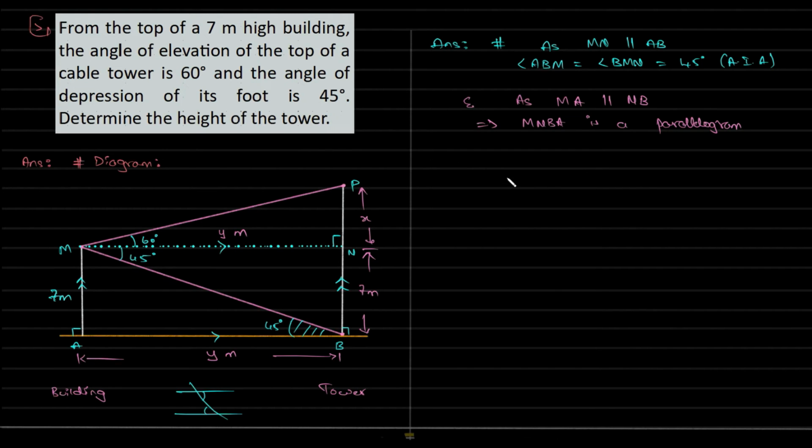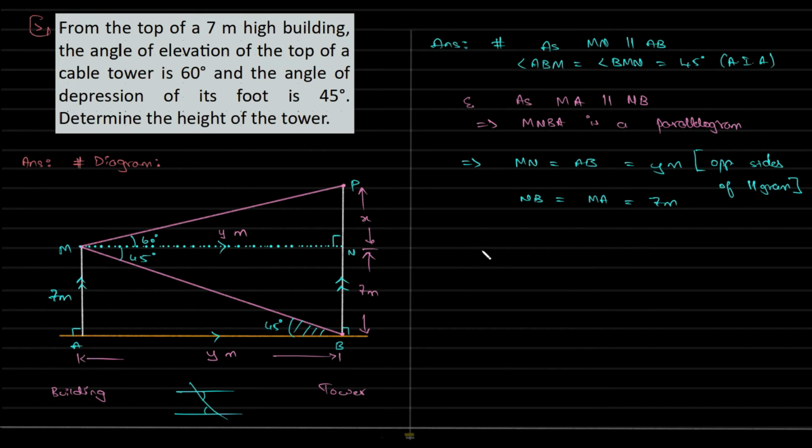So since that is a parallelogram, we have MN is equal to AB, which is equal to Y meters. Okay, and also NB is equal to MA, which is equal to 7 meters. Reason being opposite sides of a parallelogram.